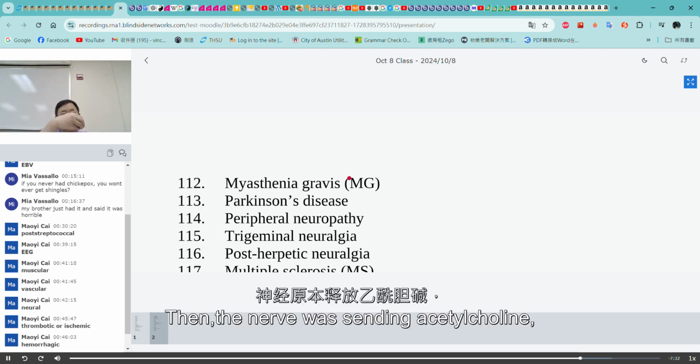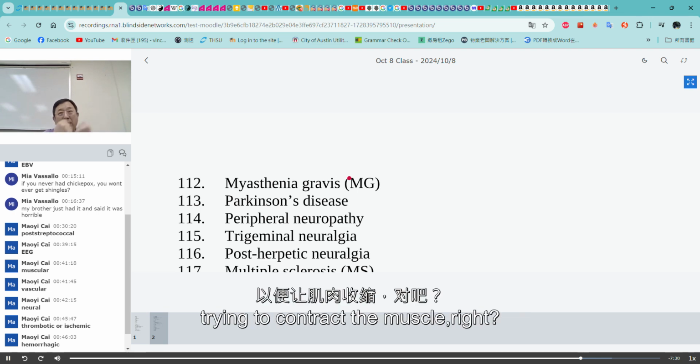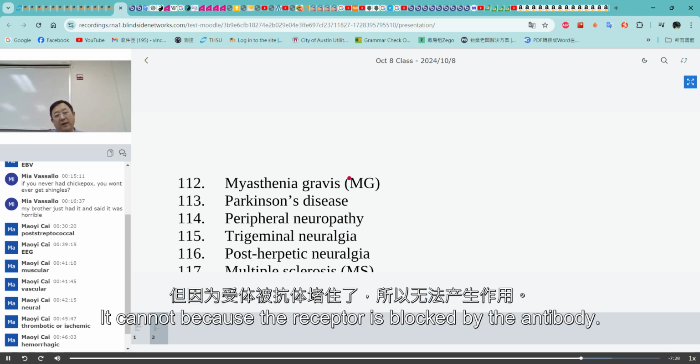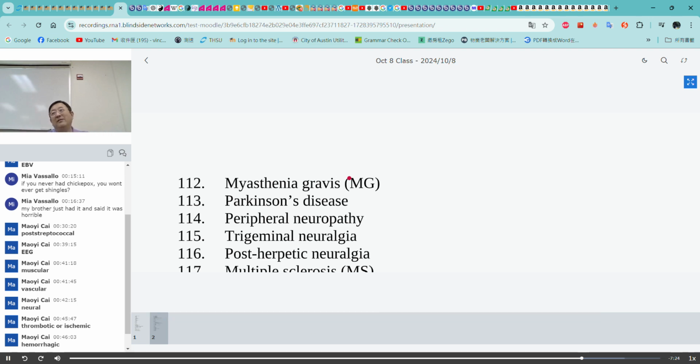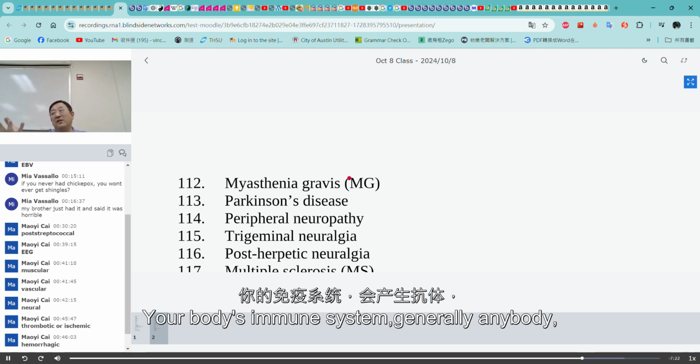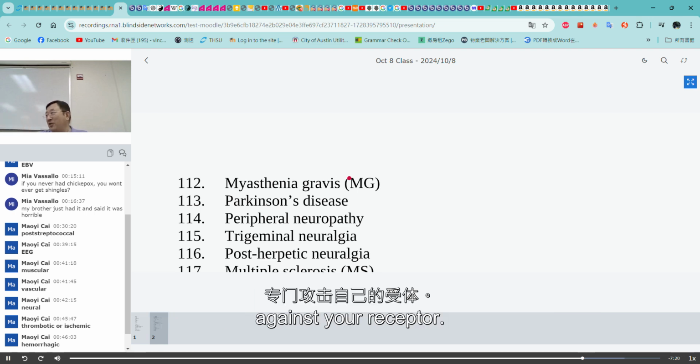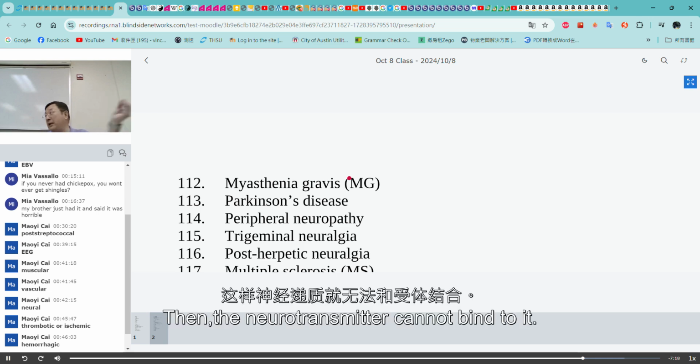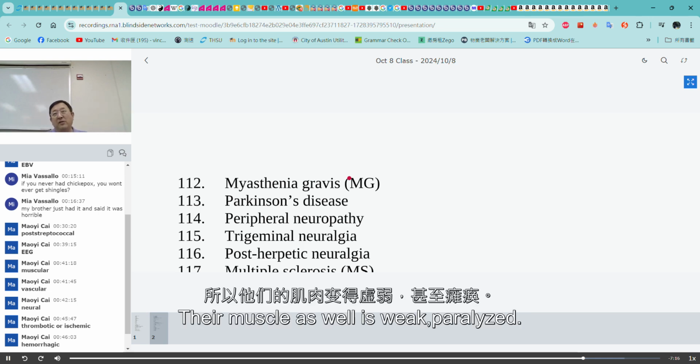The nerve sends acetylcholine to try to contract the muscle, but it cannot, because the receptor is blocked by the antibody. Your body's immune system generates antibody against your receptor, so the neurotransmitter cannot bind to it. The muscle is weak, paralyzed.